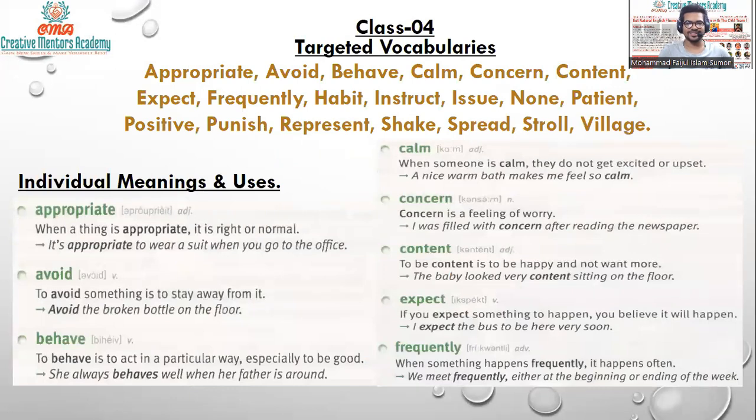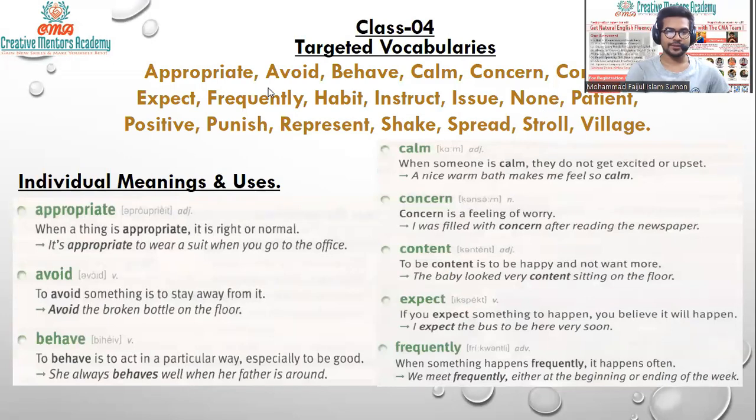Oh my God, that's really cool. So today our targeted vocabularies are: number 1 is appropriate, avoid, behave, calm, concern, content, expect, frequently, habit, instruct, issue, none, patient, positive, punish, represent, shake, spread, stroll, and village.